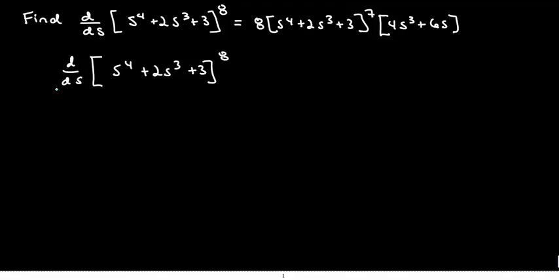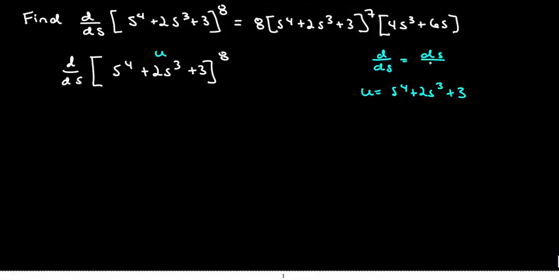Now, what we're going to do is replace this d/ds with the following. Let's call this inside something else. I'm going to call it u. So this whole inside, we're going to let u be equal to s to the fourth plus 2s to the third plus 3.